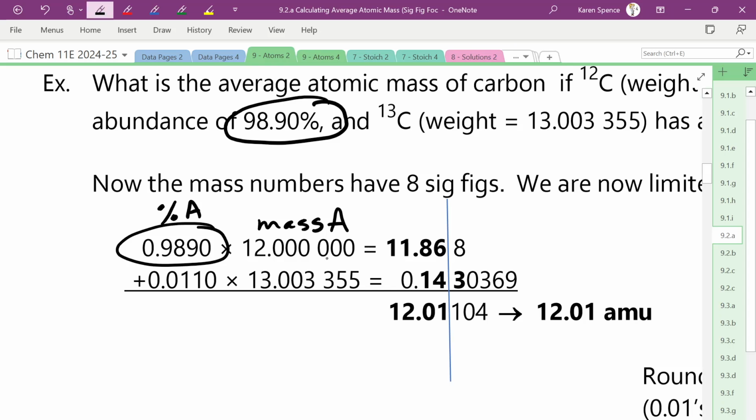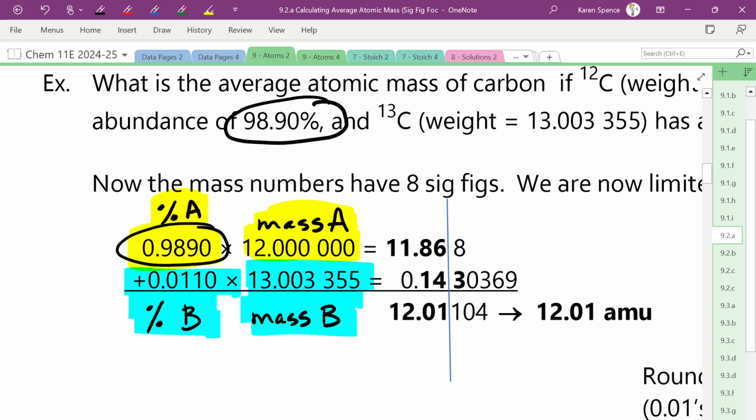So percent of A times mass of A, and then we have percent of isotope B times the mass of isotope B, and then what do we do with those two numbers to get our overall atomic mass?